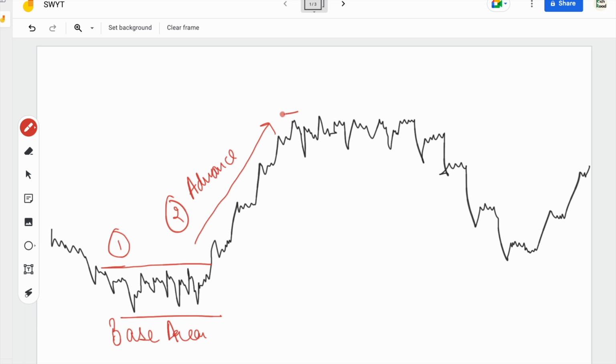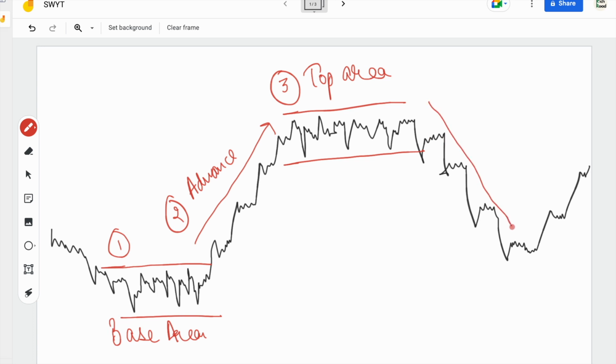Then there is one more area coming up here, and he named it stage 3, also called the top area. Then the last stage is stage 4, called the decline phase, when the market is going down.